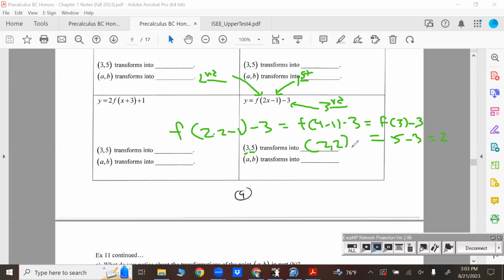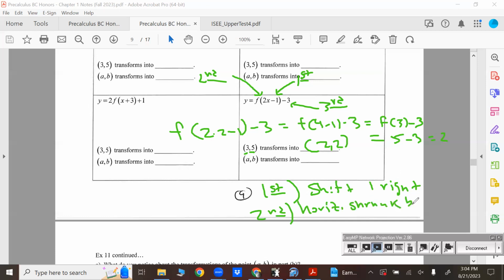But another way you can think about this too is, oh, then you're right. We added 1 and then we divide by 2. Yes, you're correct. So first thing I did was actually shift 1 right. And the second thing I did was I horizontally shrunk by a factor of 2.